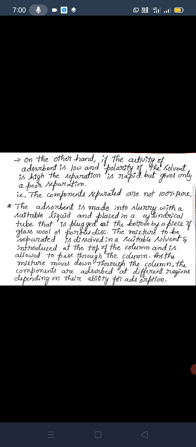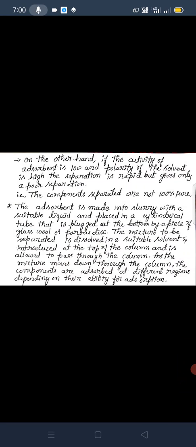First one, column characteristics and selection. Here the ratio between the adsorbent or stationary phase and the adsorbate or mixture is about 30:1, and the column length to diameter ratio is about 10 to 15:1 or 30 to 100:1, and a multi-component system is present.